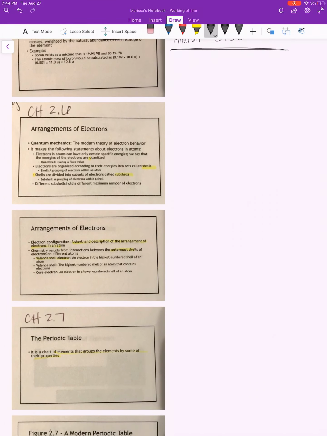All right, so now we're going to talk about the arrangements of the electrons. Remember, we said that electrons exist in the outer area around the nucleus, and so we have something that's very complicated. We're not going to get into it, but it's called quantum mechanics, and it describes the electrons as they exist in that outer area, okay? And so the following statements must be true. The electrons can only have specific energies, and we said that this is a quantized amount, meaning that it's a fixed value.